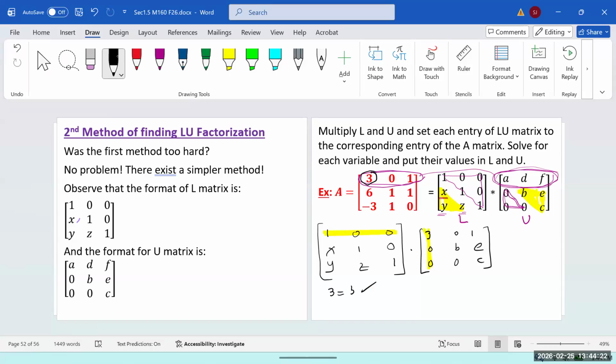Then we have an unknown in the second column. So when you multiply this, we get 1 times 0, b times 0, 0 times 0. So we don't have any b. So 1 times 0 is 0, 0 times b is 0, and 0 times 0 is 0.